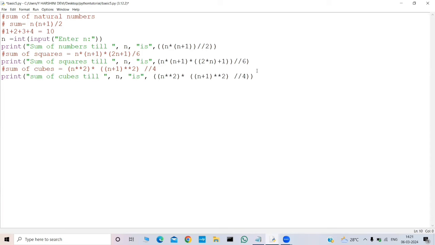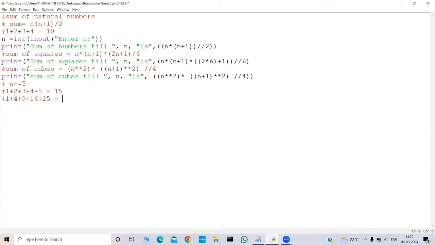Okay. Let's take n equal to 5 this time. For the first print statement, my output should be like 1 plus 2 plus 3 plus 4 plus 5, right? So it was 15. For the second print statement, it should be like 1 square, 1 plus 2 square, 4 plus 3 square, 9 plus 16 plus 25.